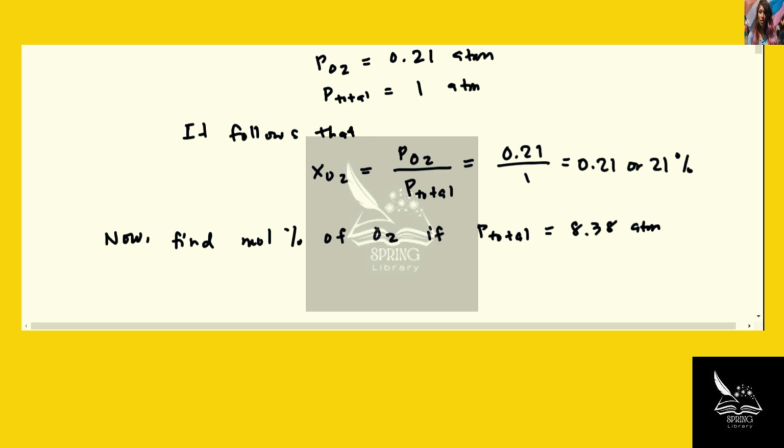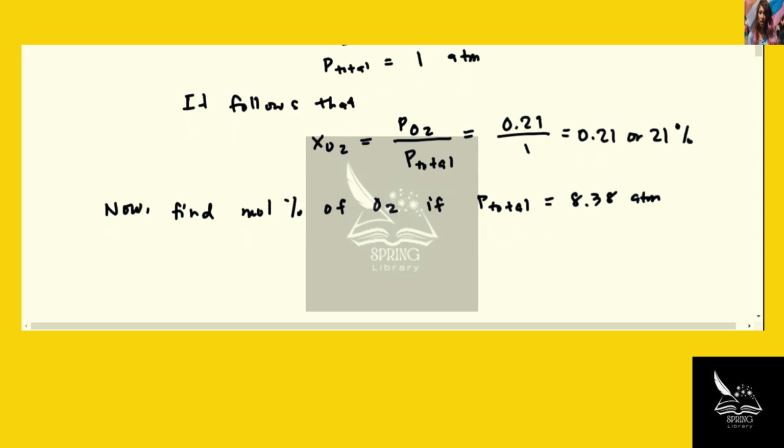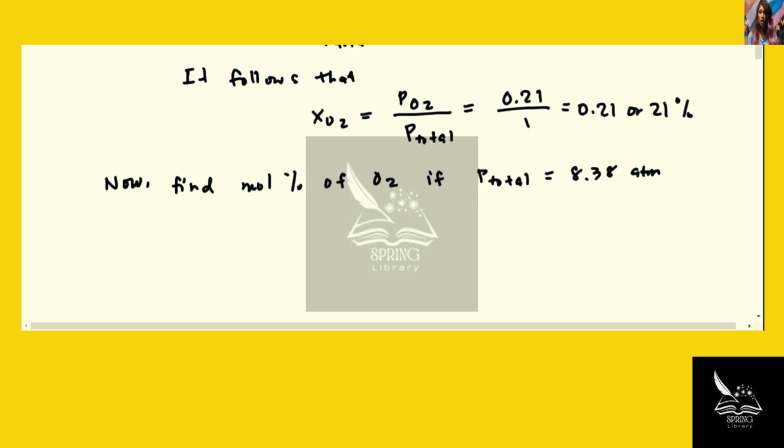Since we established that the mole percent of oxygen at atmospheric condition is 21%, if the total pressure is changed to 8.38, and the partial pressure of the oxygen gas at that given total pressure of 8.38 is the same as the partial pressure when the pressure is 1 atmosphere, it follows that the mole fraction must still be the same.